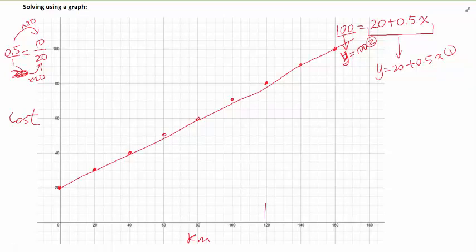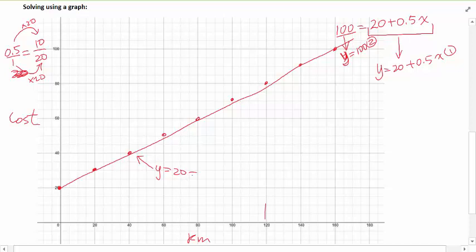All right. So that is my y equals 20 plus 0.5x. Now let's graph y equals 100. You ready? When x equals 0, what does y equal to? 100.